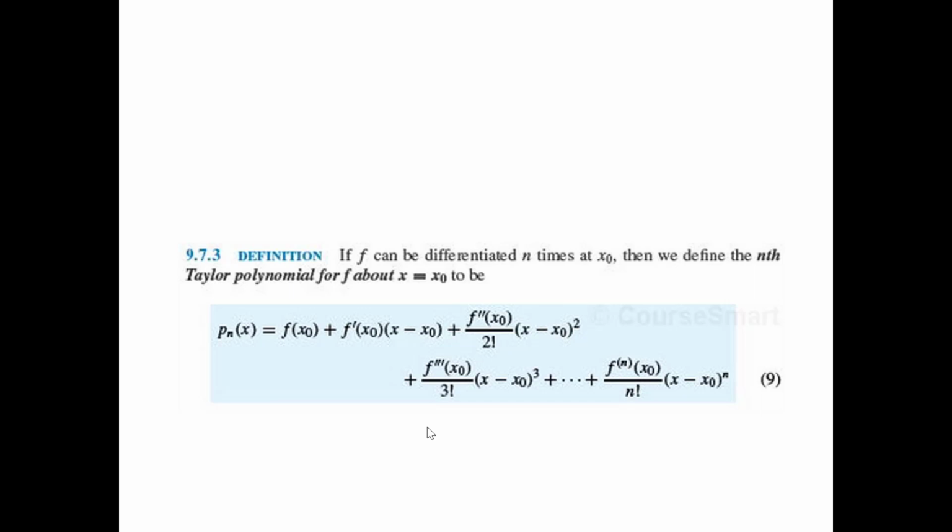And for the quadratic, it's the second derivative evaluated at x naught divided by 2 factorial times x minus x naught squared, and so on. And so then that is what a Taylor polynomial looks like. If you substitute in 0 for x naught, then you have a Maclaurin polynomial. So a Taylor polynomial is just a generalization of the Maclaurin one.